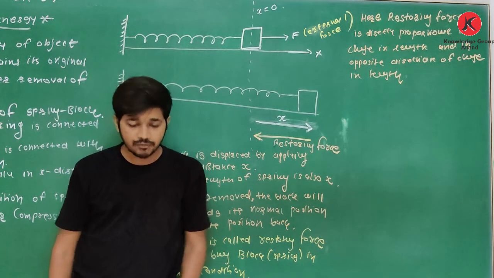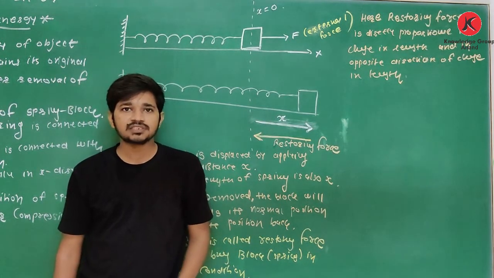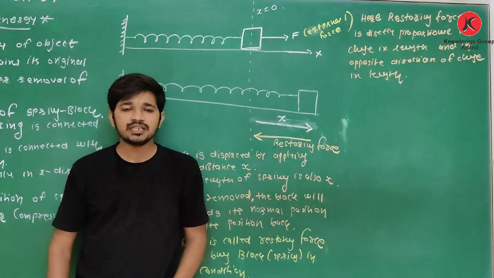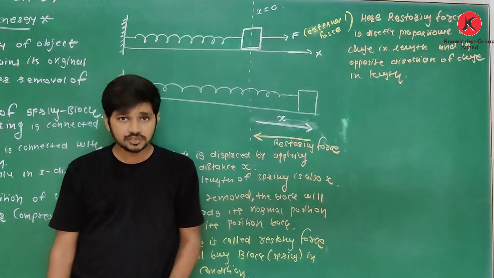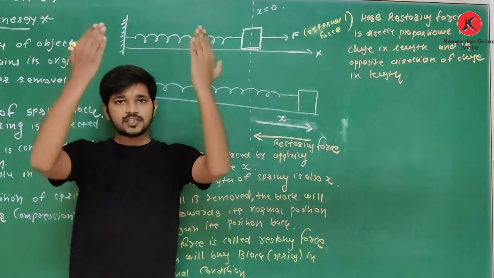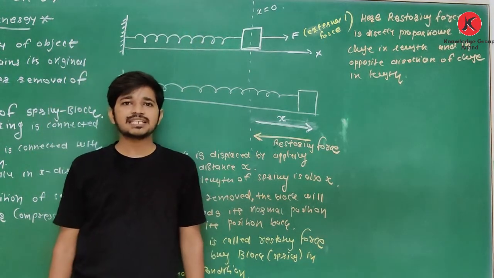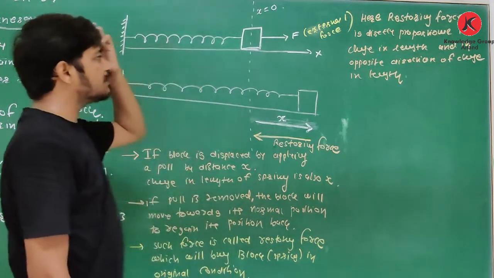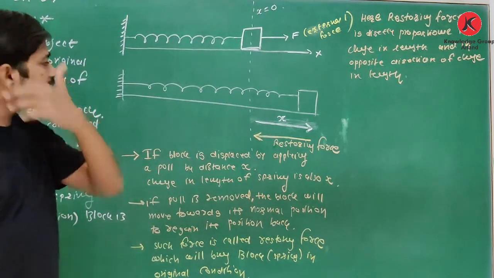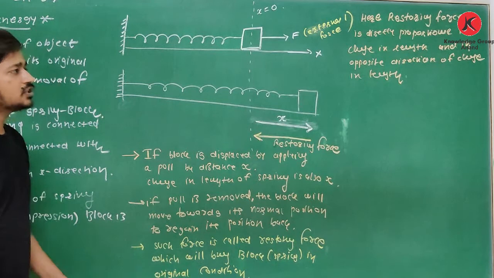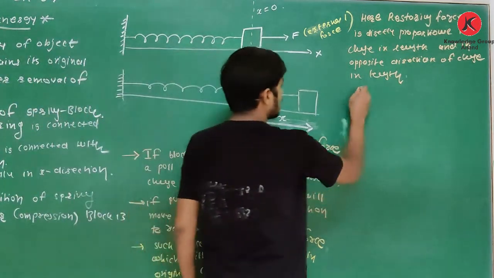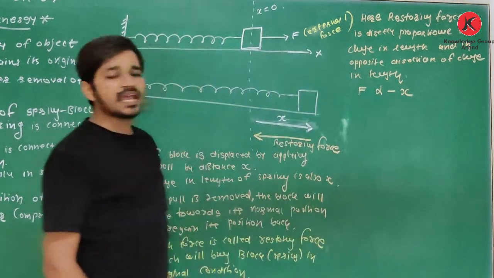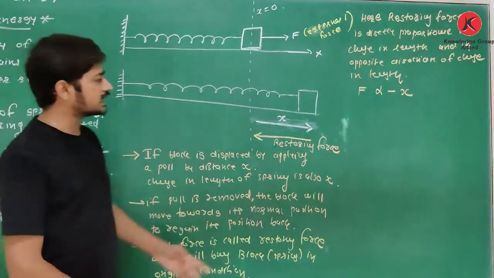Clear about this? If you jump on a spring, what happens? Initially that spring is compressed, and then due to restoring force, that spring will regain its original shape and size back. So restoring force is directly proportional to change in length and is in the opposite direction of change in length. So how to write this? F is proportional to minus x.